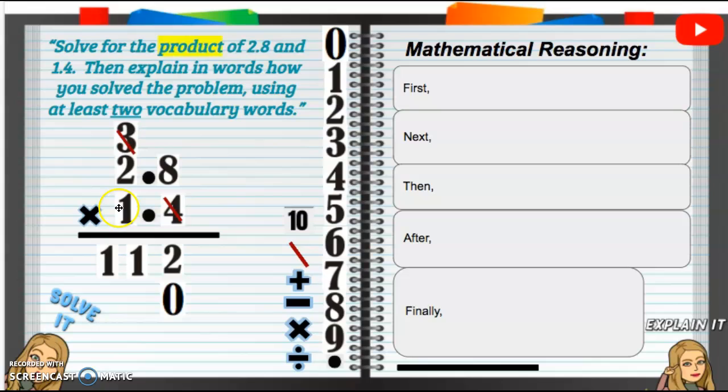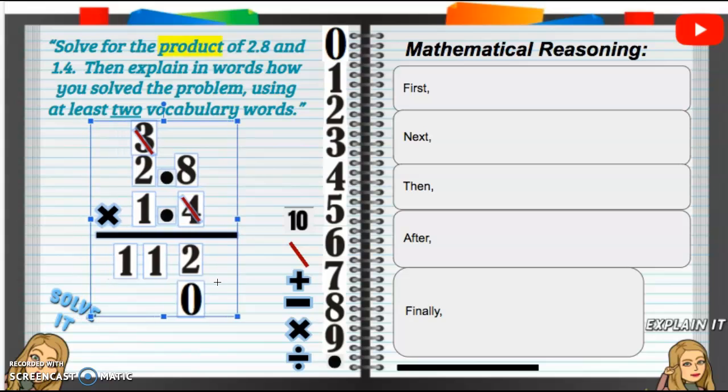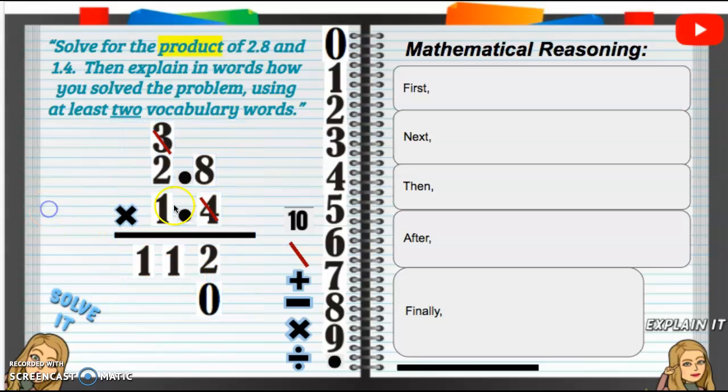So we're moving over to the next digit. That means we put our placeholder 0. So now we have 1 times 8. I am actually going to move this over a little bit. There we go. All right, so now we have 1 times 8, which is going to equal 8. 1 times 2 is going to be 2. We already used that remainder, so we don't need to pay attention to that.